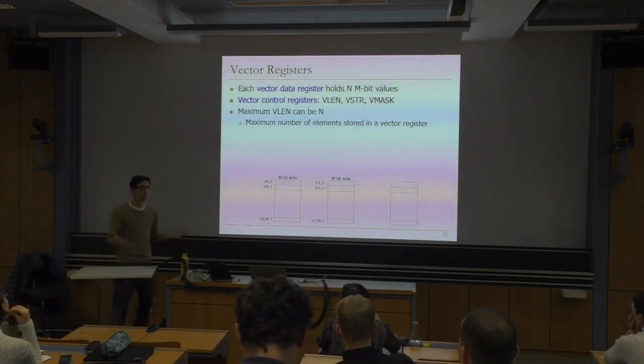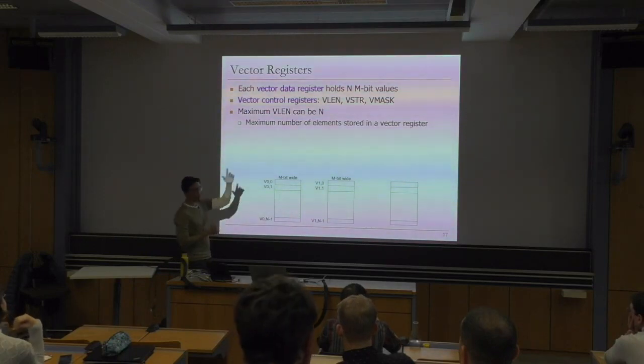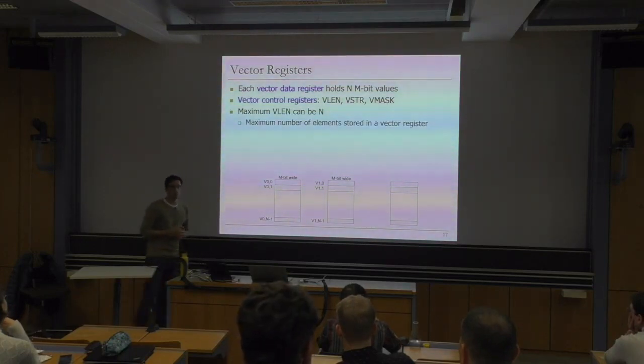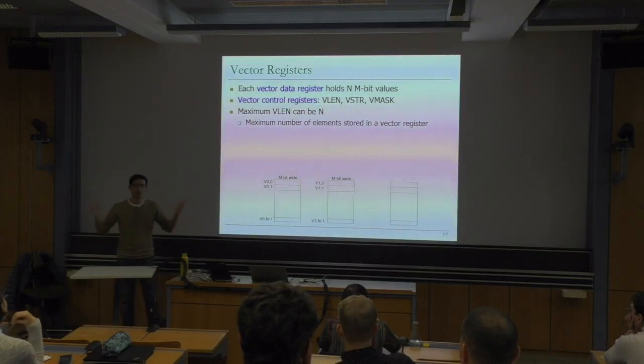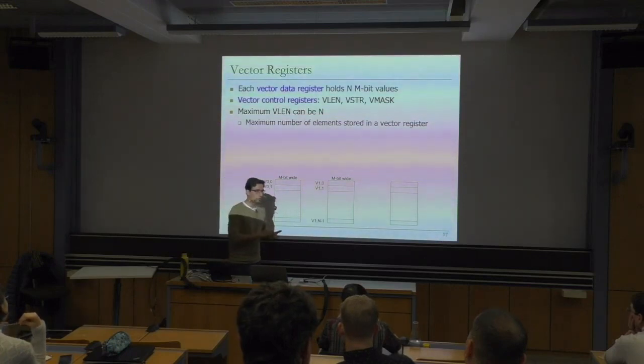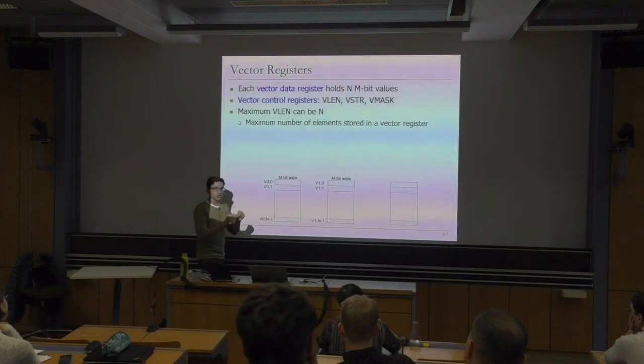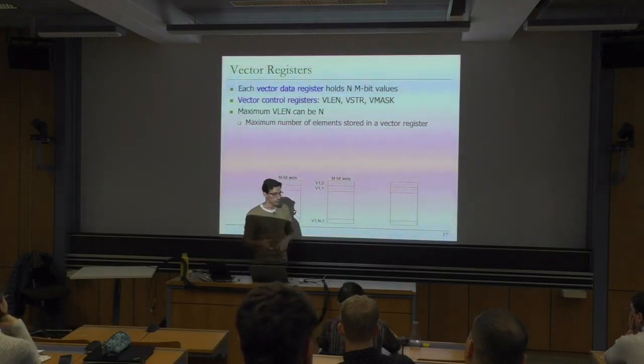What happens if the maximum vector length is 50, but we only want to operate on 15 elements, not 50? What we have to do is, in our program, we will have to say that this VLEN is equal to 15, not equal to 50. Okay?